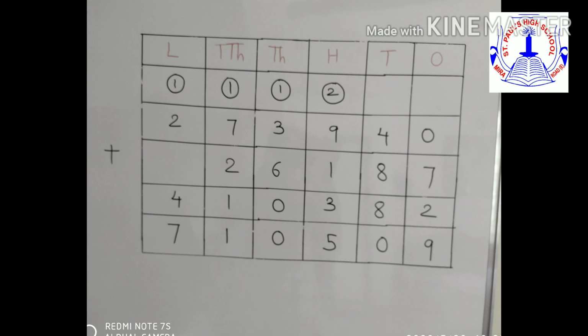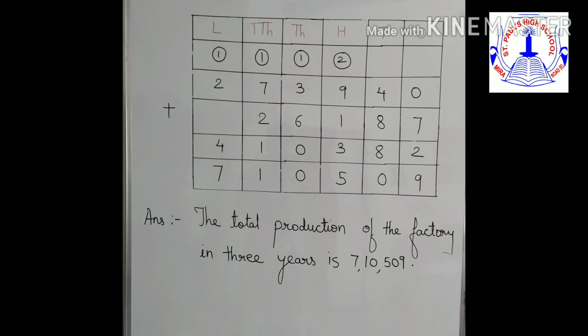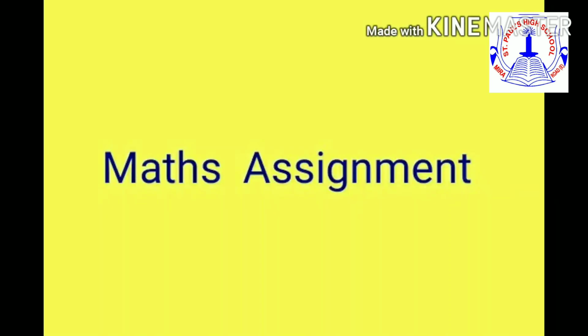Then 1 plus 2 plus 4, which is equal to 7. Then we will write 7 in the lakh column. So our final answer is: the total production of the factory in 3 years is 7,10,509.